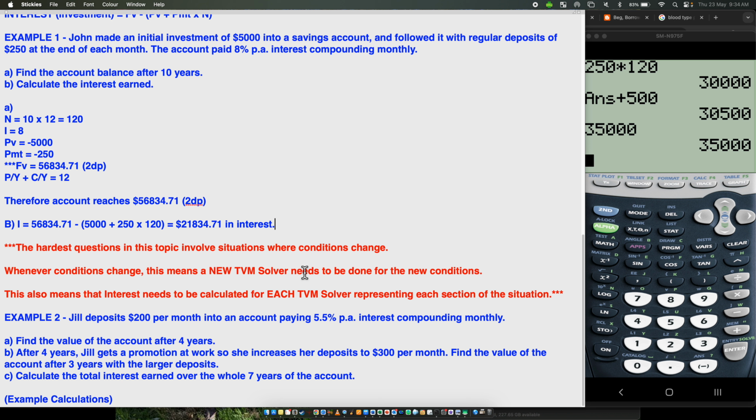And we'll do one more example that covers the hardest element of this topic, which is changes of conditions.